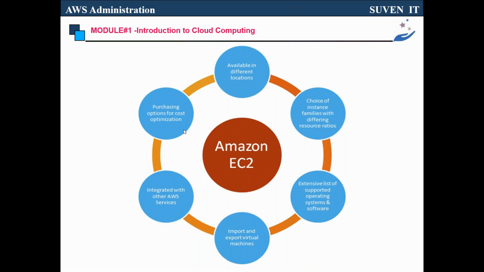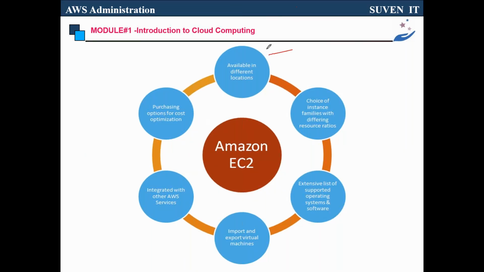Now, Amazon EC2 services are available across all the regions. This is a region-specific service, and you can have servers in different locations with different models.